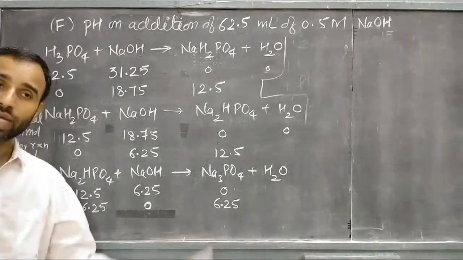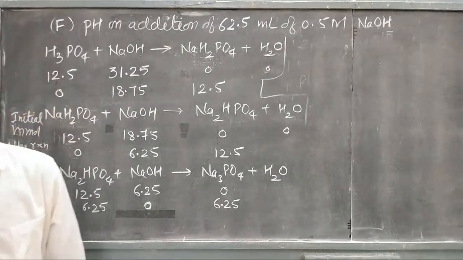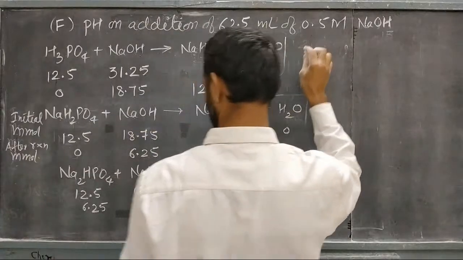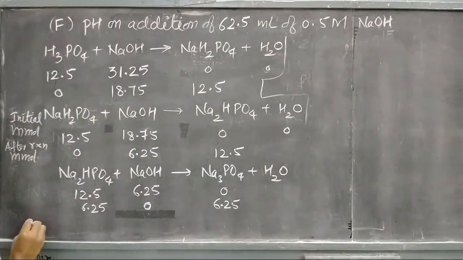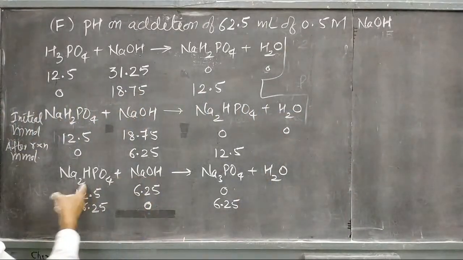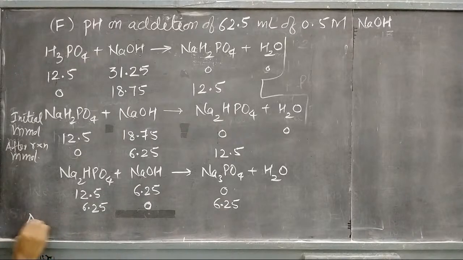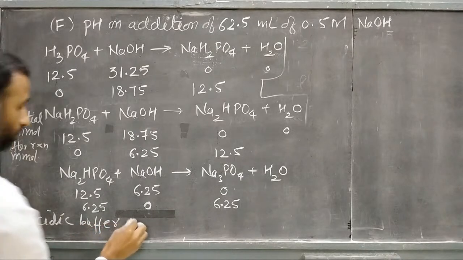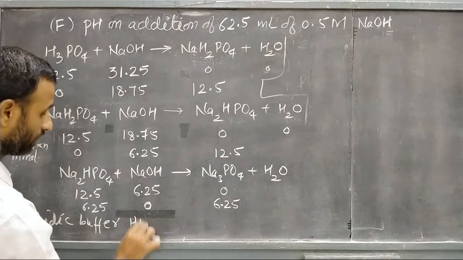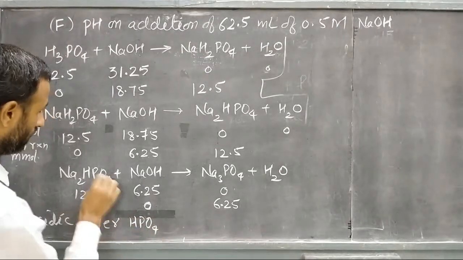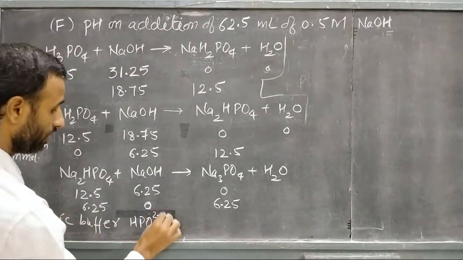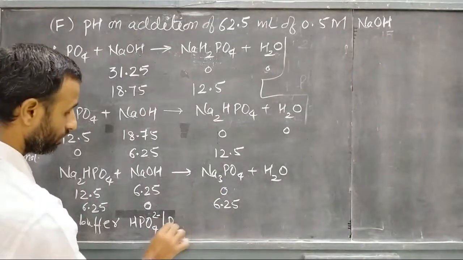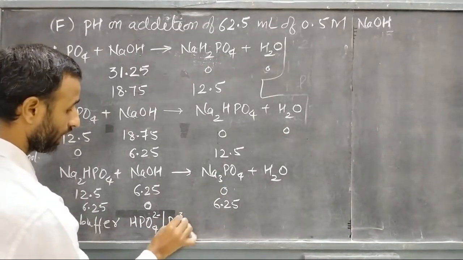Again we get a buffer. Which buffer? Again an acidic buffer is formed, of HPO4 2 negative and PO4 3 negative.